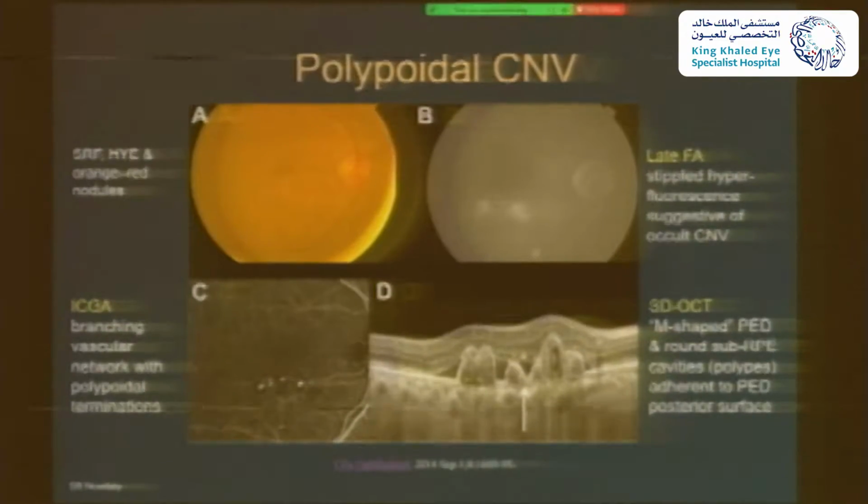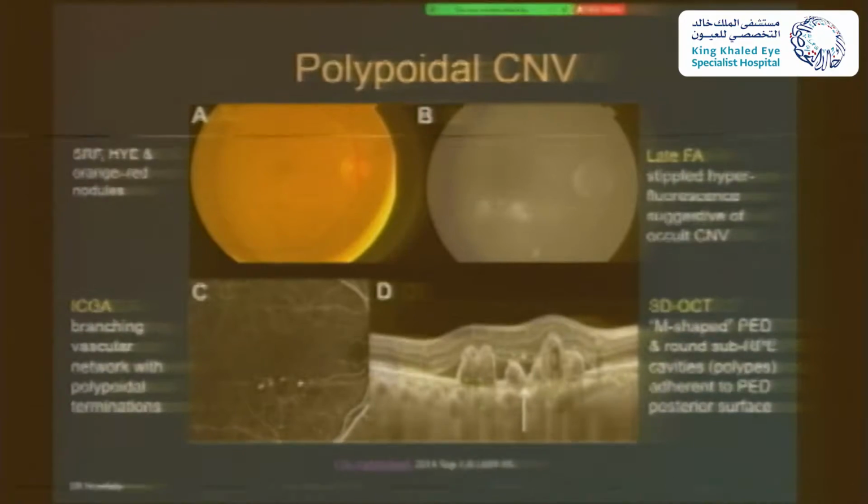Here's another one that was taken from an article that was written by my colleagues, Dr. Gahtani and Dr. Ghazi. Here is the fluid. You have a lot of fluid right there. You have a subretinal lipid, perhaps a tiny speck of blood here, a tiny speck of blood here. And when you do the fluorescein angiogram in the late phases, of course, you're going to see the leakage. But if you do an ICG, which you don't need, but this is just for demonstration, and you have the line that goes through these hyperfluorescent polyps on ICG, this is the line that corresponds to here, and you can see that the RPE is elevated.